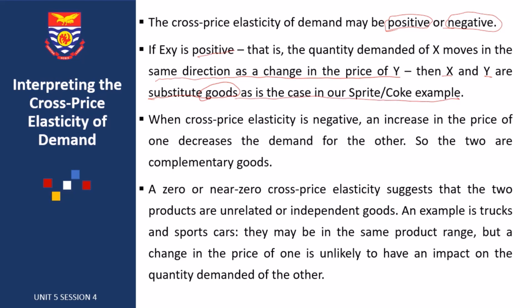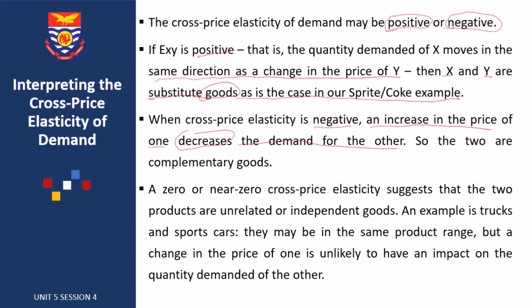The higher the cross price elasticity, the closer the relationship of the substitutes. And when the cross price elasticity is negative, an increase in the price of one commodity decreases the demand for the other commodity.